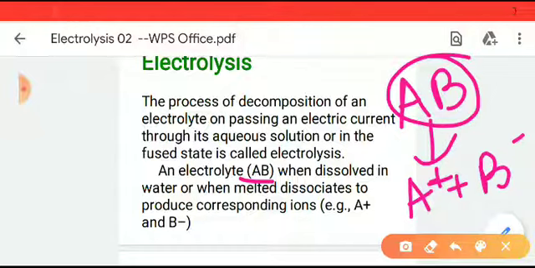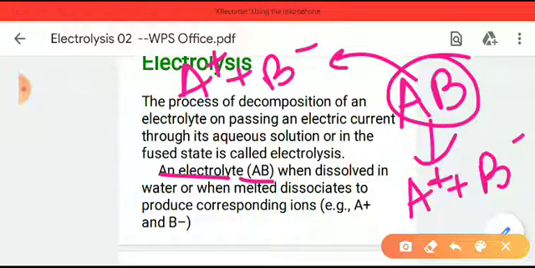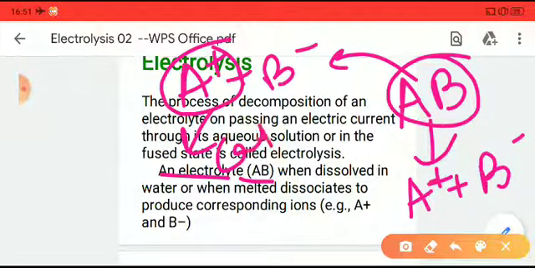So AB, when dissolved in water or in the molten state, ionizes and gives A plus and B minus. A plus is called the cation and B minus is called the anion. So it gives two things, a cation and an anion.